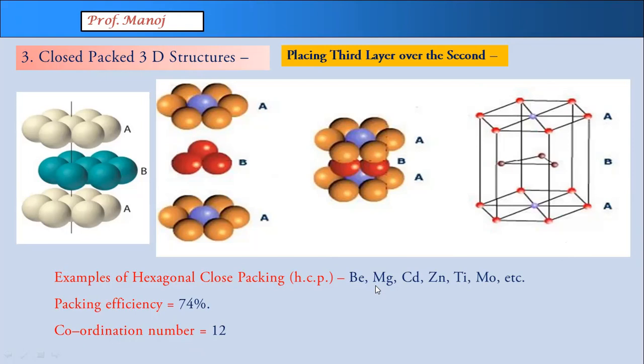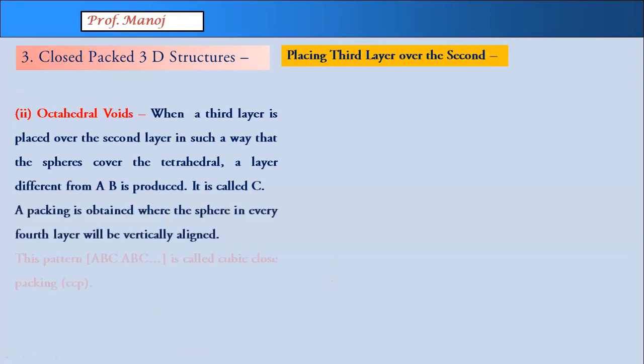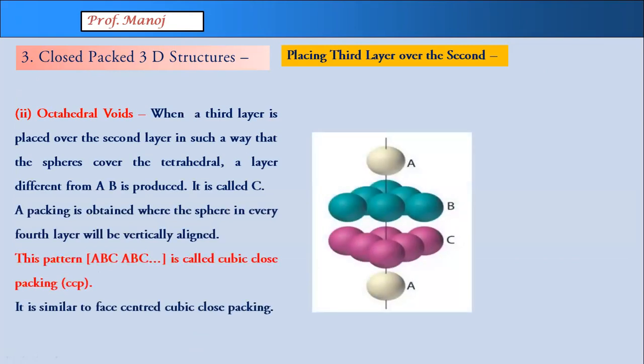We made this picture by covering the tetrahedral void. Now we will touch the octahedral void, and from this we will get a different picture. So that is called ABC ABC like this.